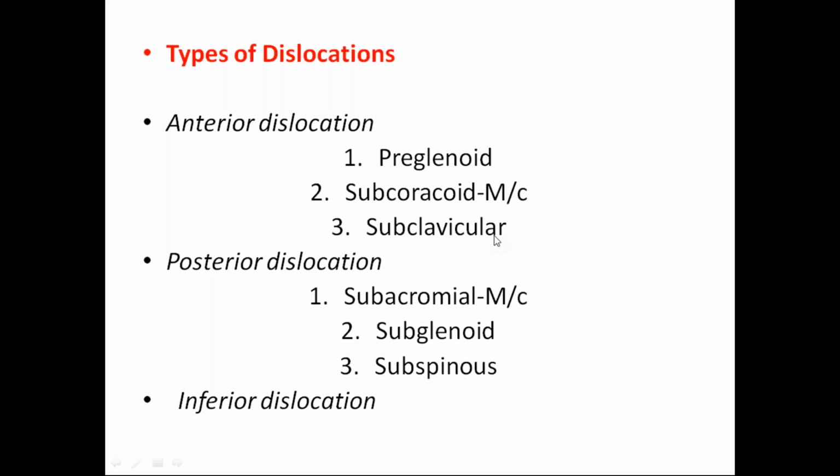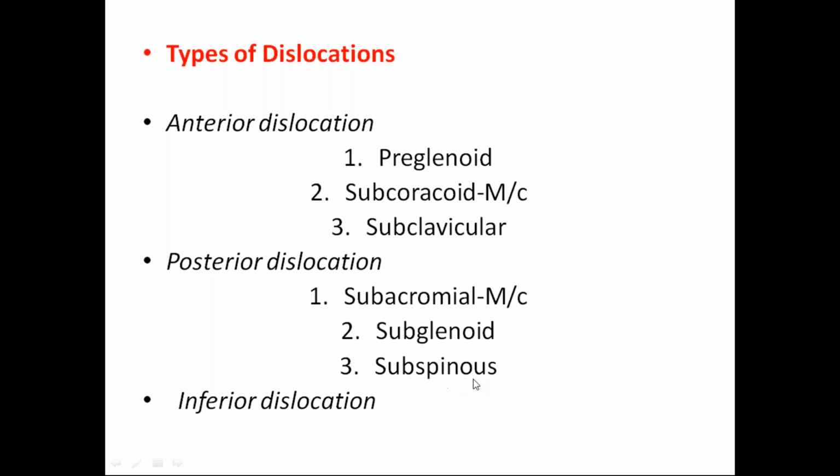So second one is posterior dislocation. The most common type of posterior dislocation is subacromial. Here the humerus head lies posterior to the glenoid cavity and below the acromion process of the scapula. So almost 98% of the posterior dislocations are subacromial type. Second one is subglenoid.